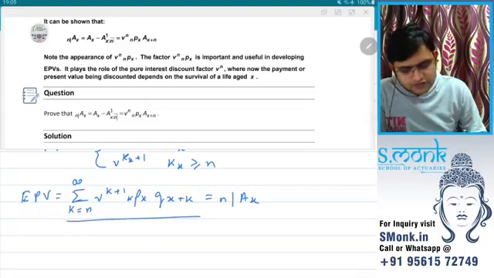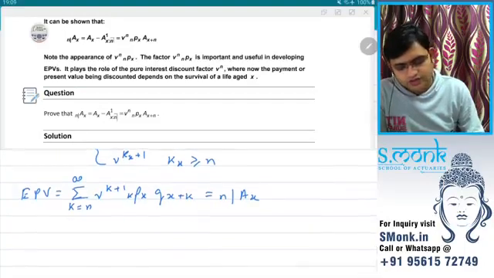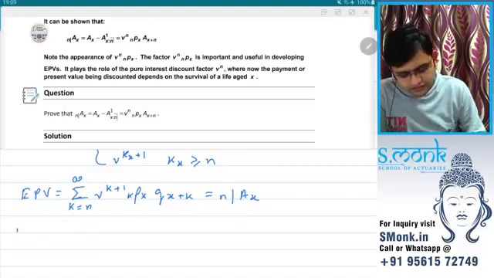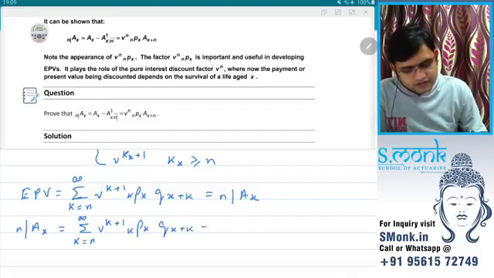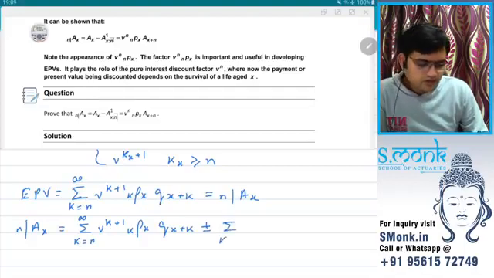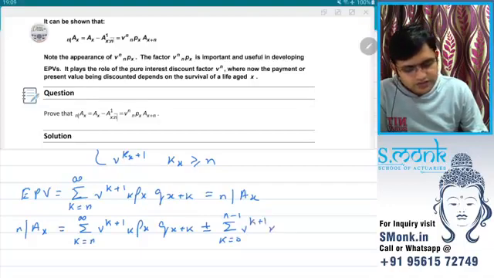Now if we want to make it into 0 to infinity, we will add the rest of the values. Summation k going from n to infinity v raised to k plus 1 kpx qx plus k. We'll say plus and minus summation k going from 0 to n minus 1 v raised to k plus 1 kpx qx plus k.